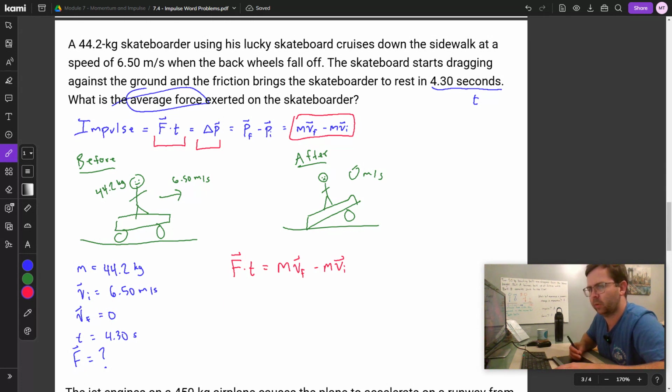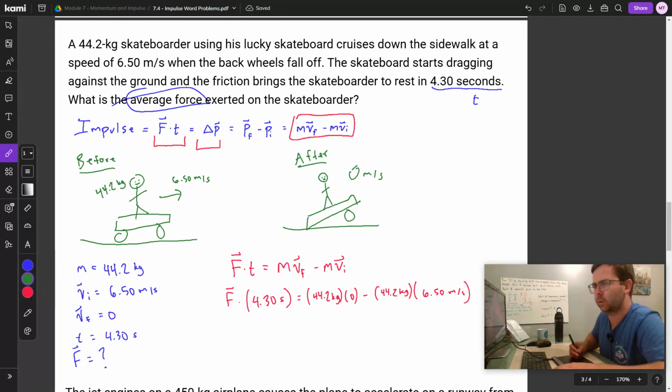So let's go ahead and start solving. We can keep the force as F. The time is 4.30 seconds. The mass is 44.2. But the final velocity is just 0, so this whole term will just go away. Then we have the initial momentum over here, and the initial speed was 6.50 meters per second. All right, so now we start doing some work. This just goes away. This is going to stay the same for now.